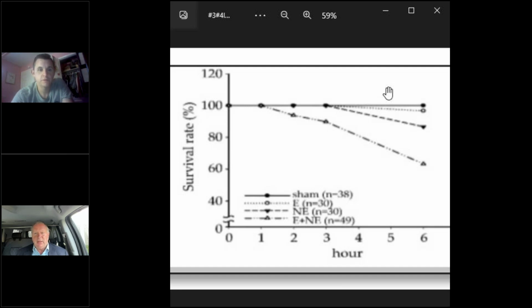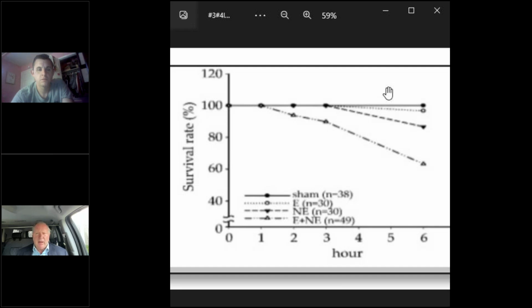Looking at this study by Dr. Liu, done in 2020 in China with mice. Some mice got salt water, basically nothing, and nothing happened to those mice. Some mice got boluses of epinephrine, some got norepinephrine, and some got both. Actually, they weren't boluses; they were continuous infusion, if I remember correctly.